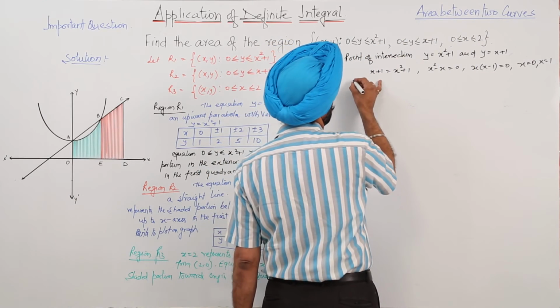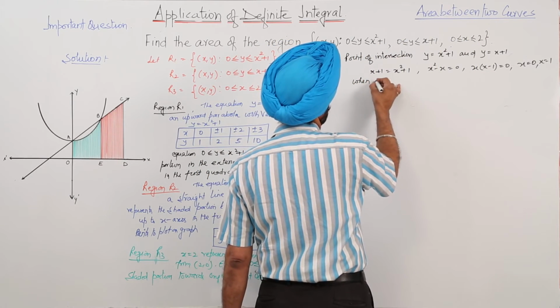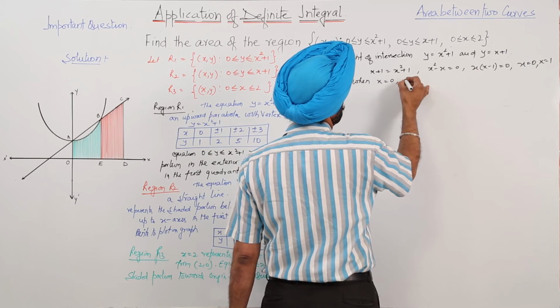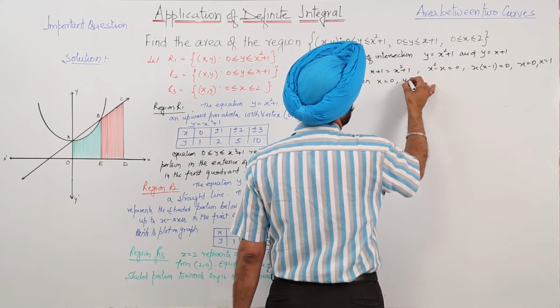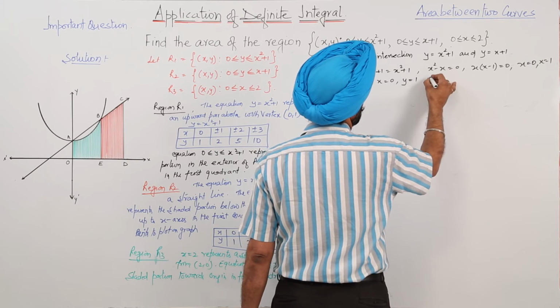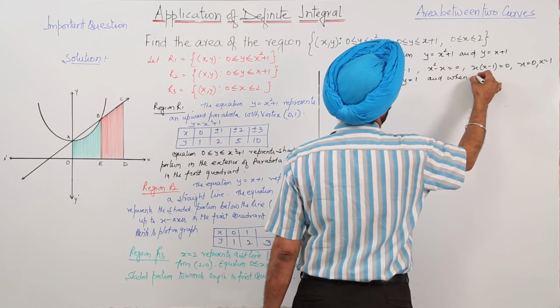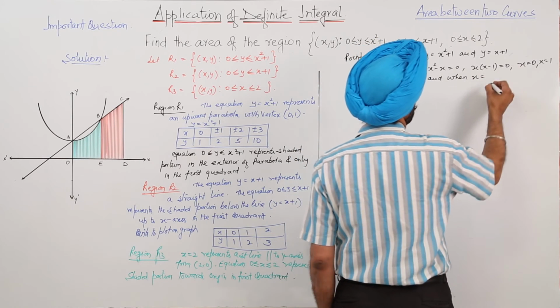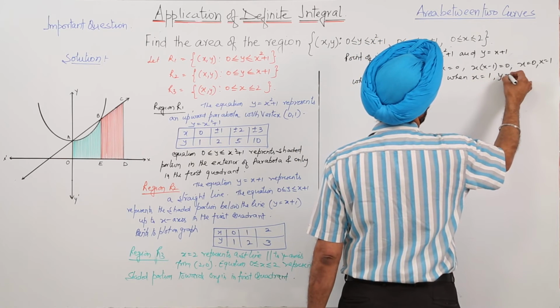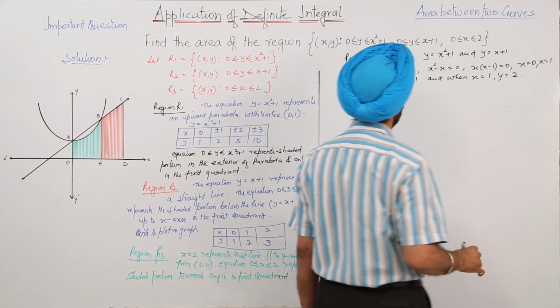Now, when x is equal to 0, then y is equal to 1, and when x is equal to 1, y is equal to 2.